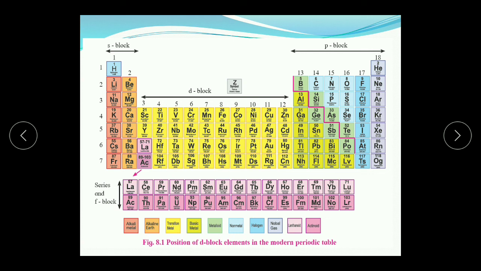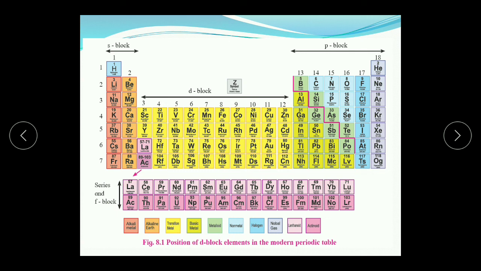P block elements are to the extreme right of the periodic table, containing 6 groups, while D block elements are in between S and P block, which have 10 groups. And F block elements are there in the periodic table in the third group itself, and lanthanides and actinides are two series of 14 elements in third group and sixth as well as seventh period.